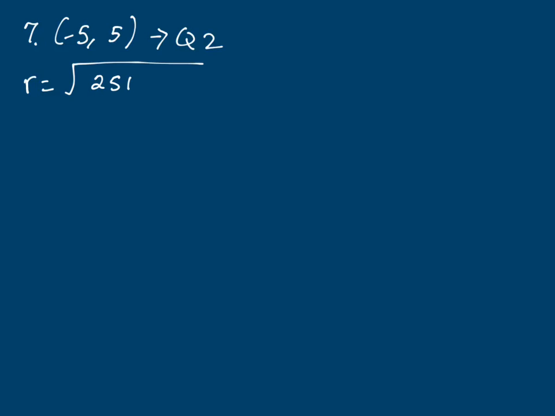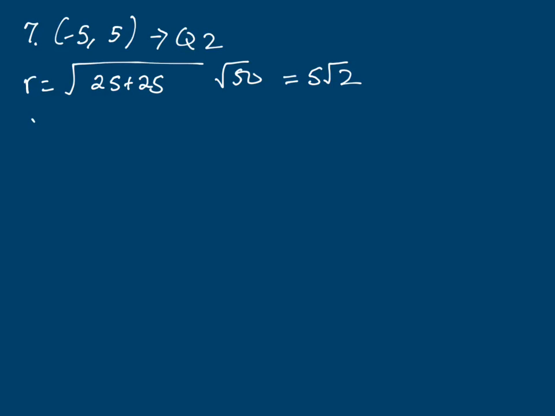Moving on to number 7, -5 and 5. Okay, that is in quadrant 2. And r is equal to the square root of 25 plus 25, or the square root of 50, which is 5 square root of 2.